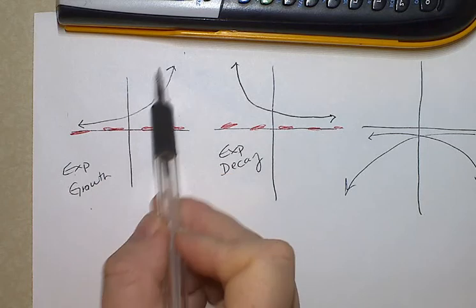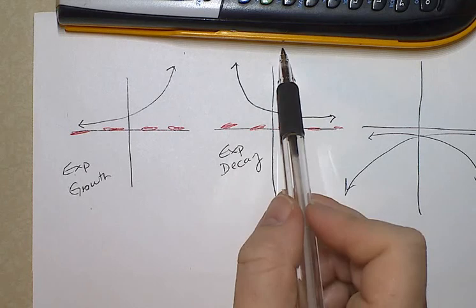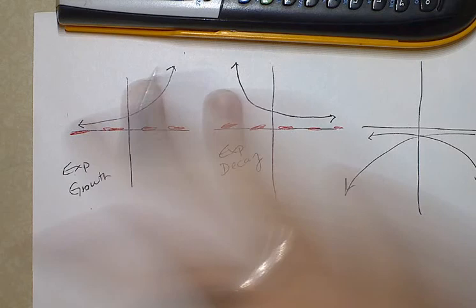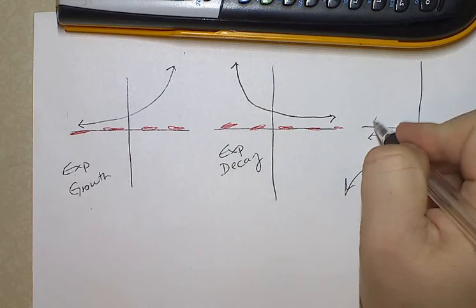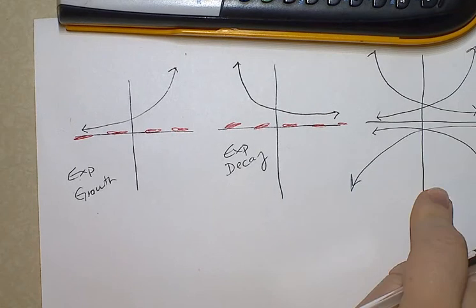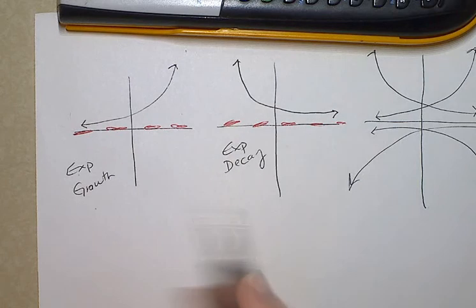So is the a positive or negative? But here, what are your a's? Negative, okay? So these are different. These are all examples of exponential functions. But there's two specific types of exponential functions, growth and decay. Okay? So let's only focus right now for a little bit on exponential growth and decay.